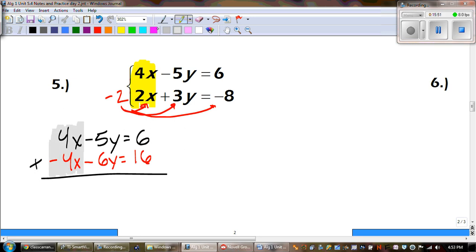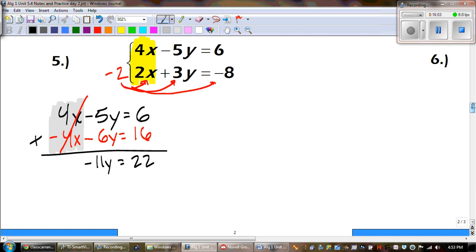Our x's, beautiful, they cancel. What about the y's? Nope. We get -11y equals 22. Well, to solve, I have to divide by -11, and we get that y equals -2.